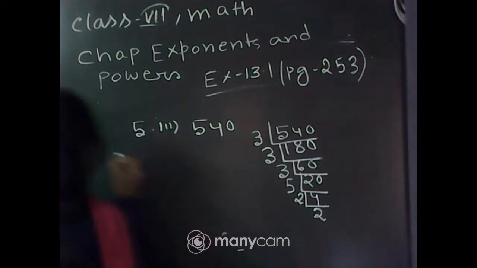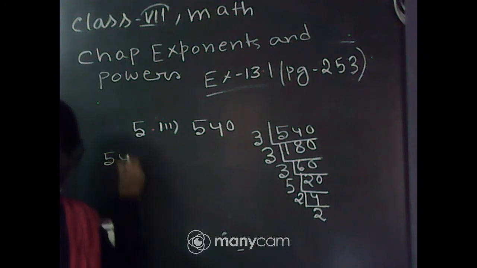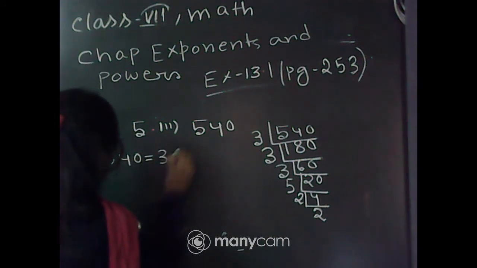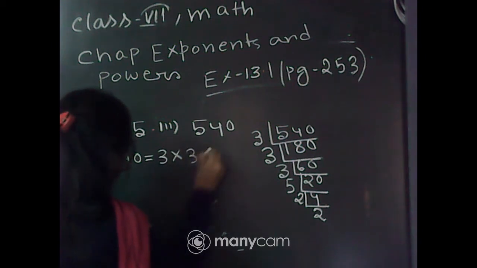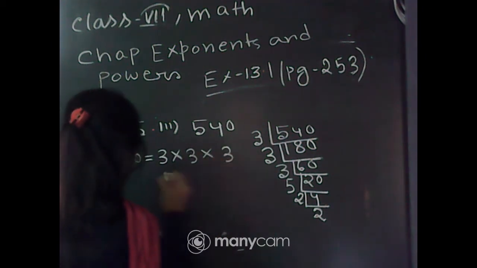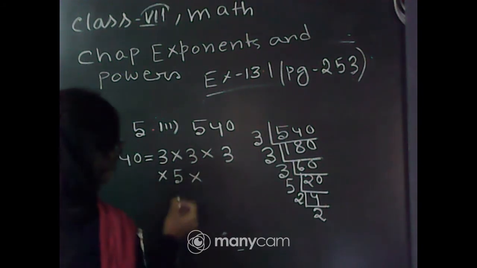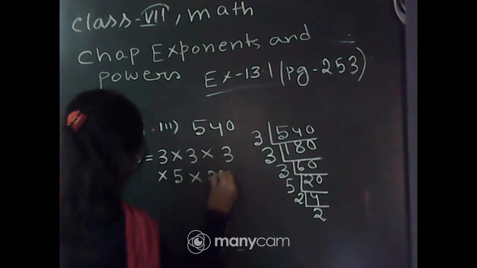So, we can write 540 is equal to 3 cross 3 cross 3 cross 5 cross 2 cross 2.